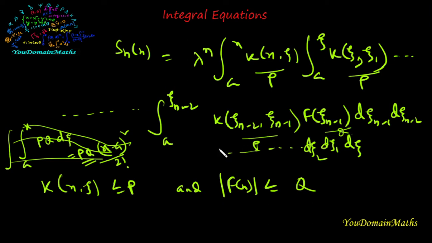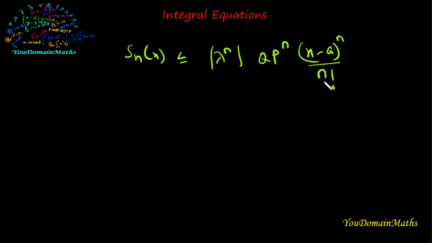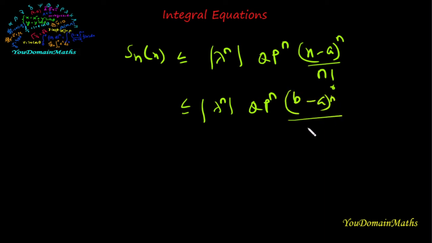So if we write this, then we can write Sn of x less than or equal to lambda n, and this is q p to the power n and x minus a to the power n, over n factorial, and this is also less than lambda n q p to the power a, and if the upper limit is a constant b, then this can be written as this, and this is also greater than this.